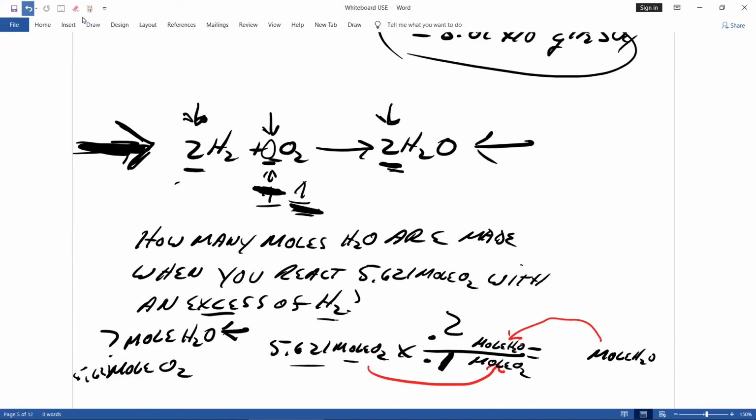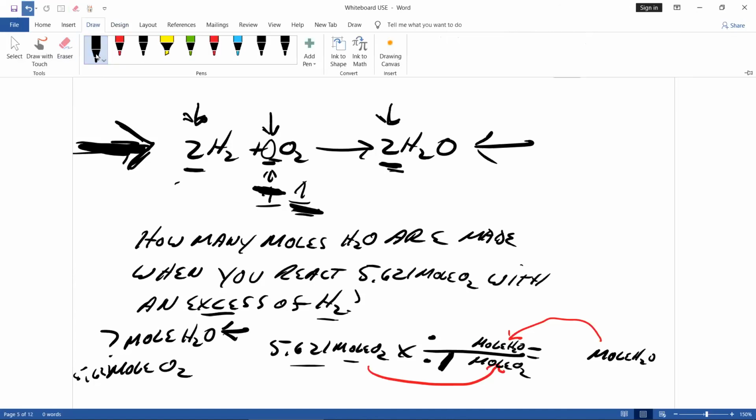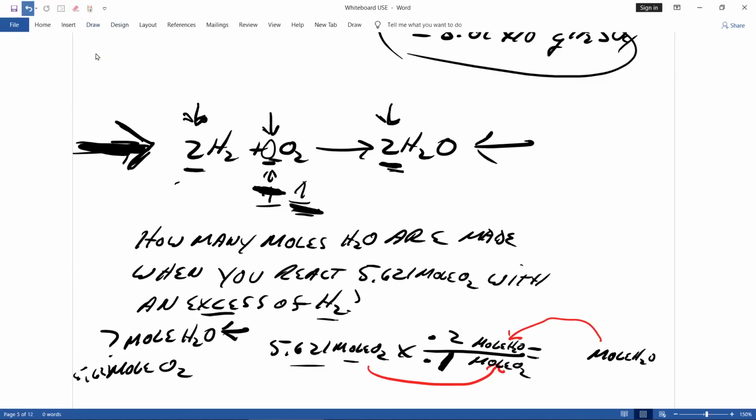And these are exact numbers, so they play no role in the number of significant figures. This is the only number. It has 4 significant figures. My answer should have 4 significant figures.